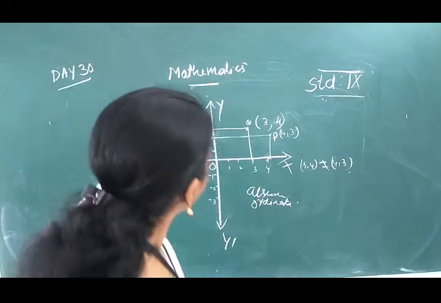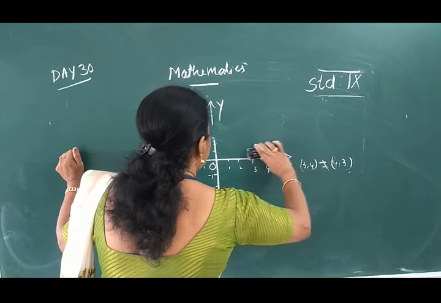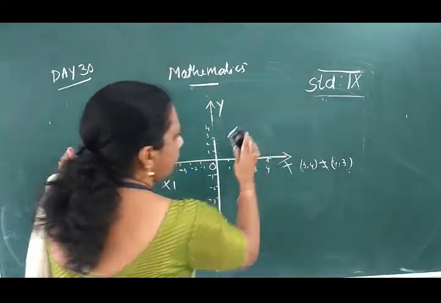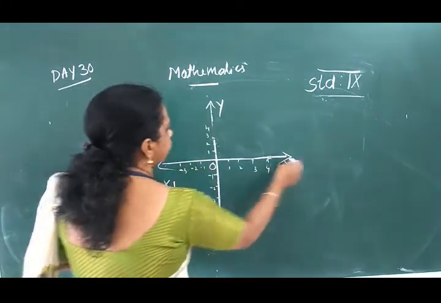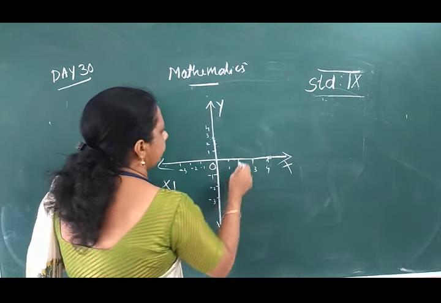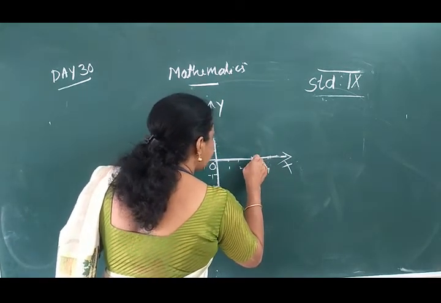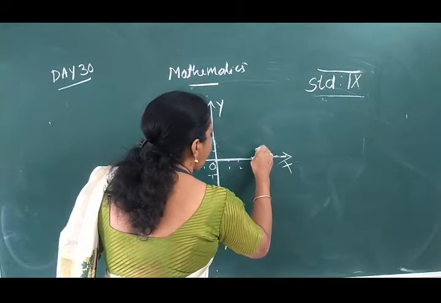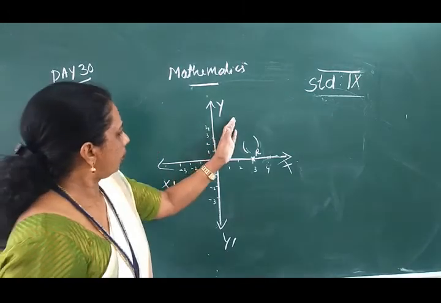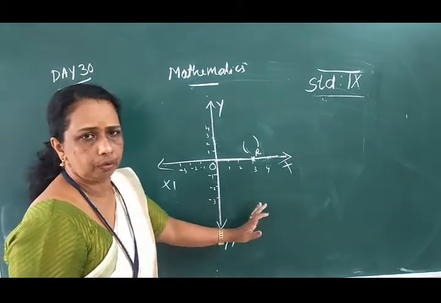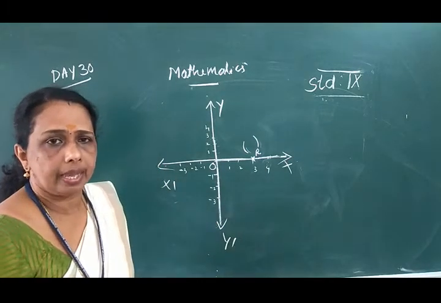This way we can locate the position of a point in the Cartesian plane. One more thing. I am taking a point on the axis. This is the x-axis and this is the y-axis. I am taking a point here, point R. What is its coordinate? We have the first quadrant, second quadrant, third quadrant and fourth quadrant, but this point is on the x-axis.